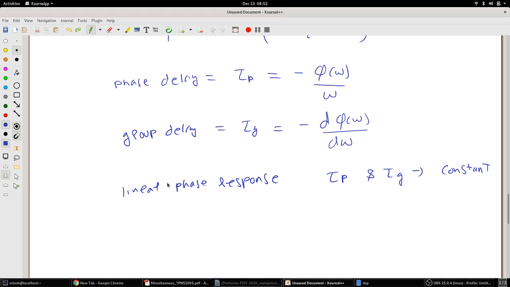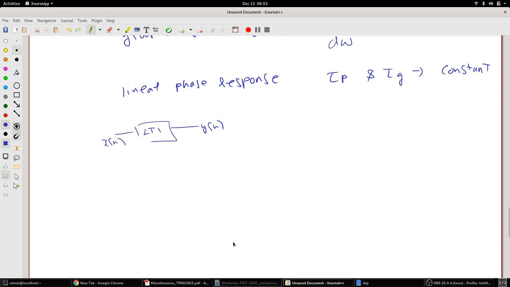So what it means is, let's say you have an LTI system and you apply some x of n and you get y of n. Now x of n will be made up of different frequencies, a combination of frequencies, and they will be passing through this LTI system and you will get y of n, which will again be some combination of frequencies. Once it passes through the LTI system, it should be a constant delay, a constant phase shift.